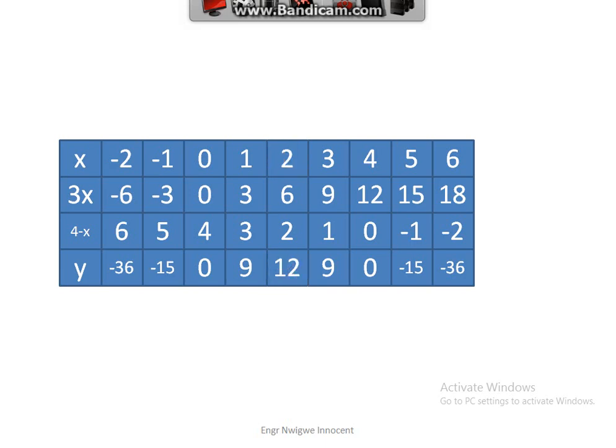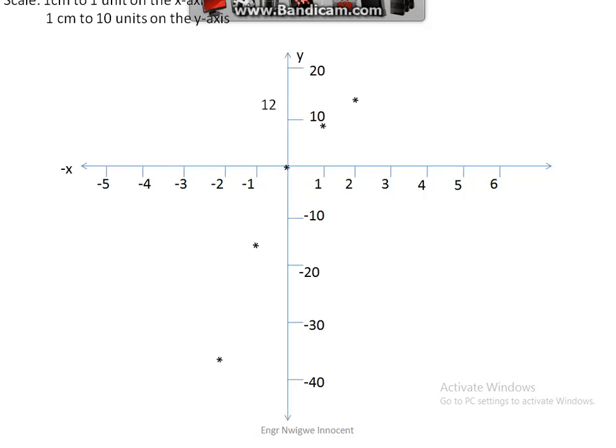We now trace 2 to the point, and then trace 12 upwards where the two meet. We mark asterisk. Then for the next value, we go back to the table.